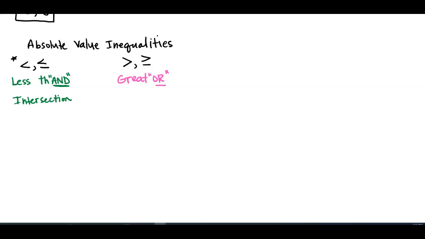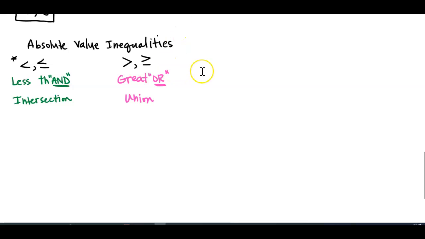And when we have an or statement, remember that that was the union that you were trying to find. So this is going to help you to know whether we're trying to find the intersection or the union when we're solving these absolute value inequalities.